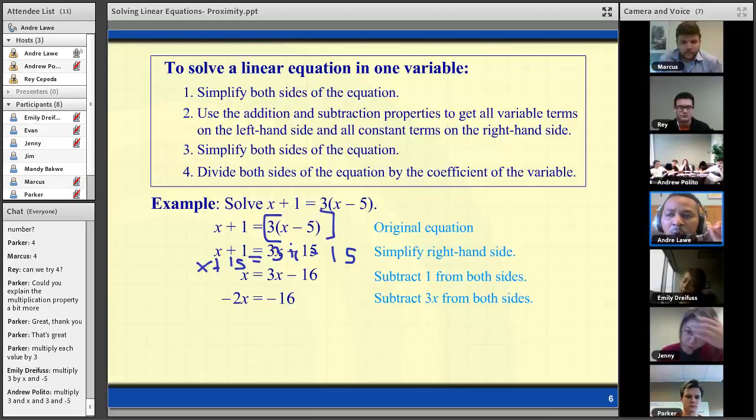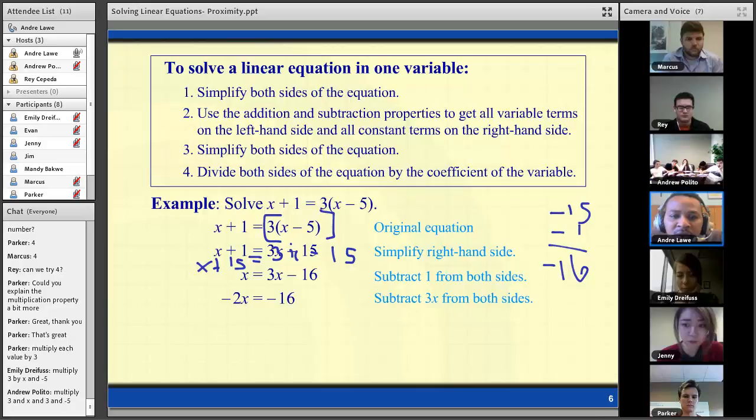So we're going to bring over the 1 to the right, and we're going to do that by the addition property. So we'll subtract 1 on both sides. And so we have to watch out for negatives now, because what we'll end up with is negative 15 minus 1, which should give us negative 16. So we should end up with x equals 3x minus 16.